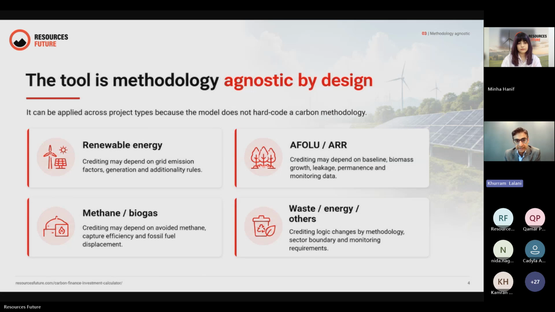But again, as we said, it does not really replace anything which is on the non-carbon revenue side. So if you have a renewable energy project or an FLU project or waste project, that financial model is going to be separate from the calculations on the carbon side.